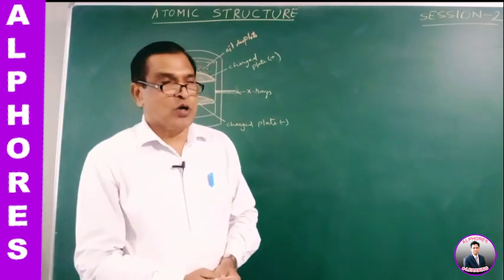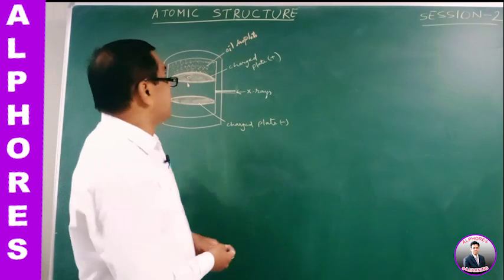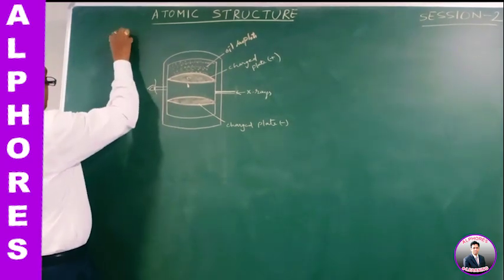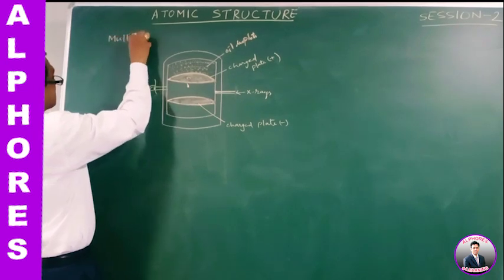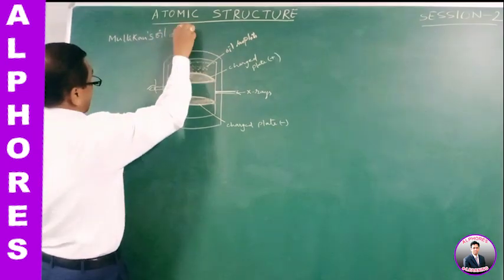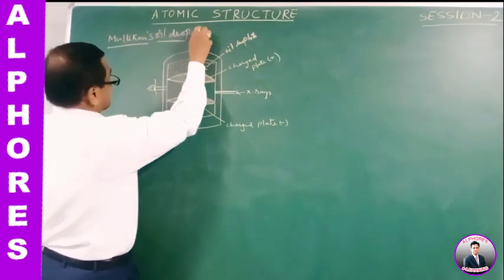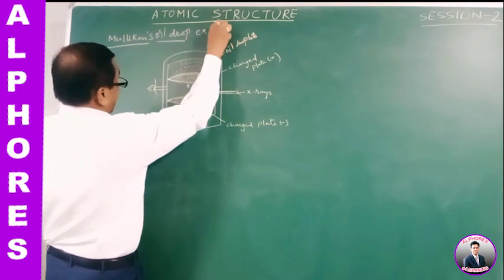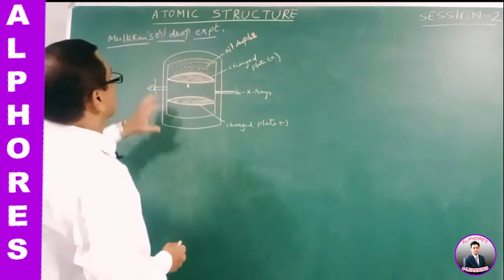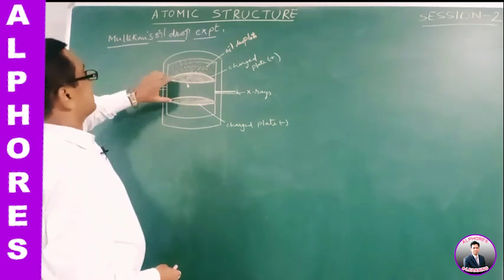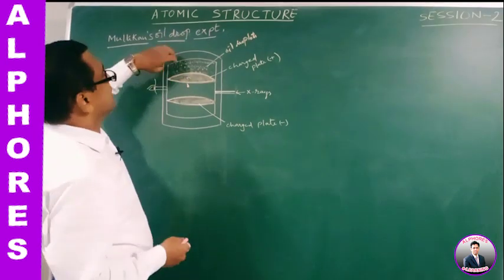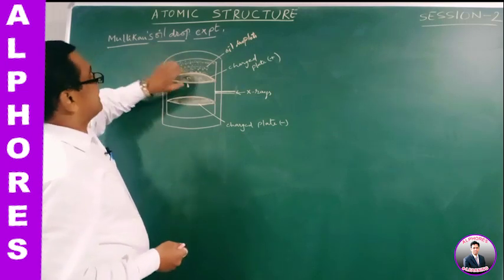The charge of the electron was experimentally determined by Millikan's oil drop experiment. In this experiment, two charged metal plates are taken in the condenser and oil droplets are dispersed in the upper part of the condenser.